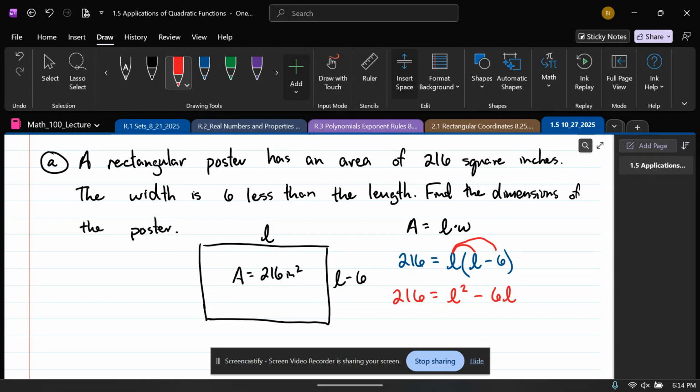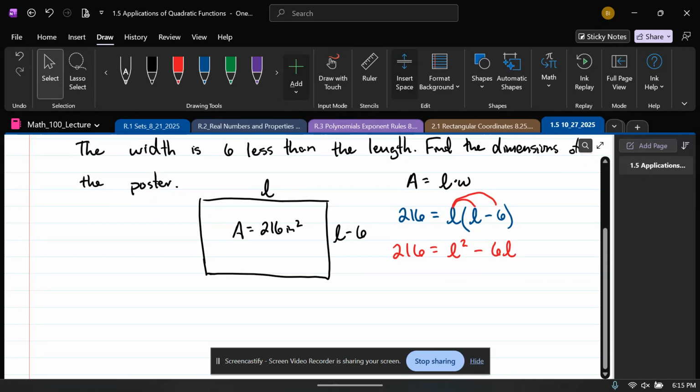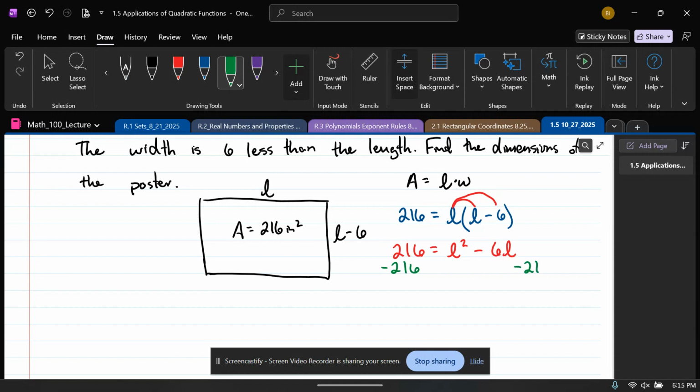Now it starts looking more like what we just did in section 1.4, because I've got a quadratic: an L squared and a plain L. What do I need to get the equation equal to? 0. So I'm going to move the 216. How do I move that 216? Minus. So there's my 0 equals L squared minus 6L minus 216.